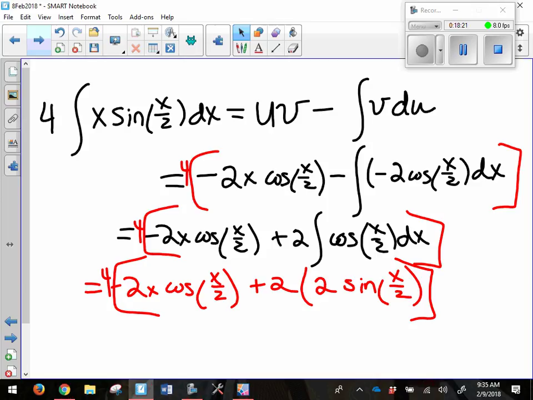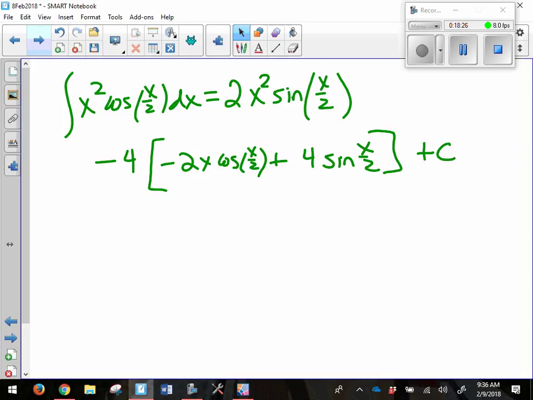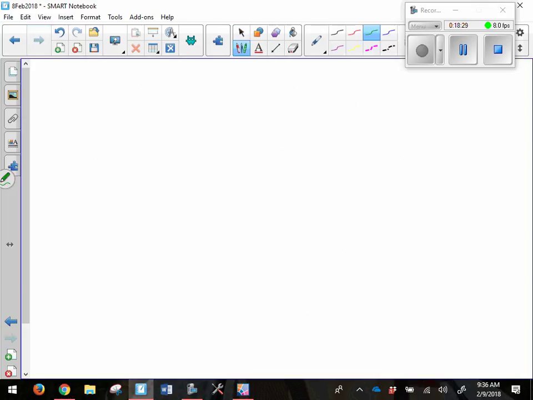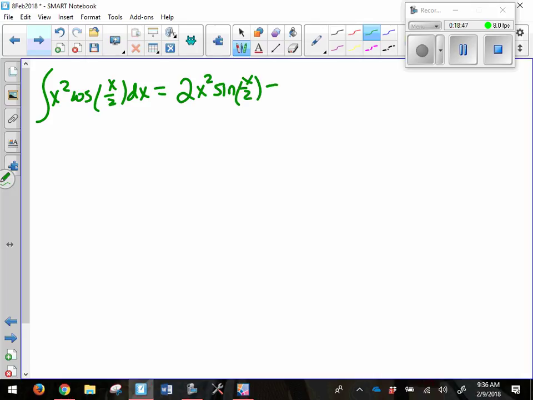All right, let's try it again. So my initial integral was x squared cosine x over 2 dx, right? And that became 2x squared sine x over 2 minus 2 times the integral of sine x over 2 times 2x dx, right?